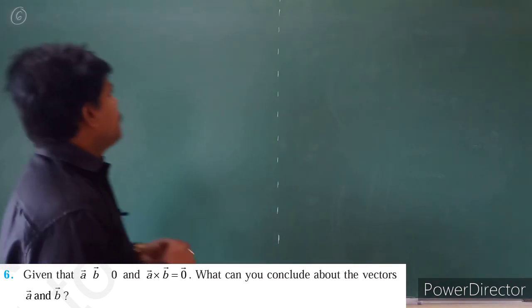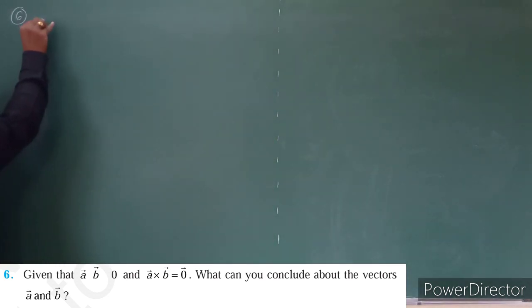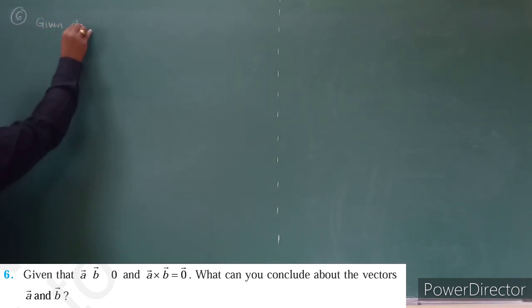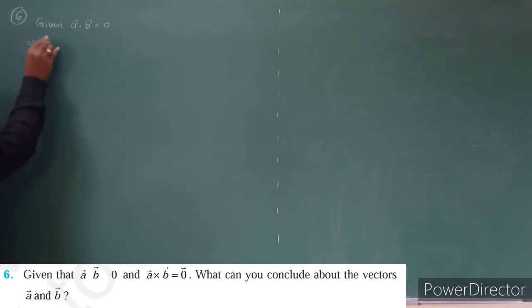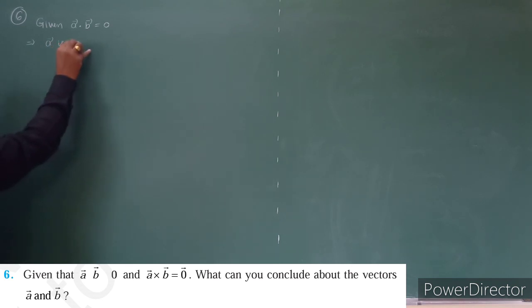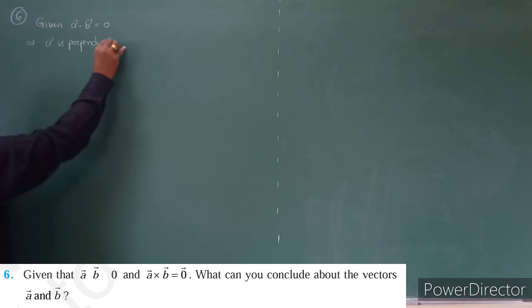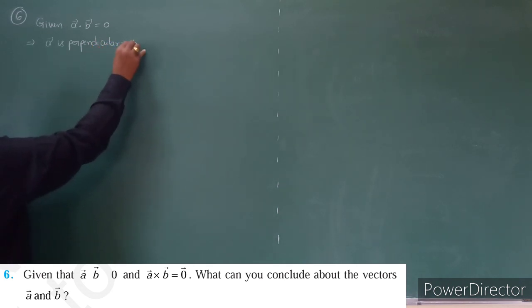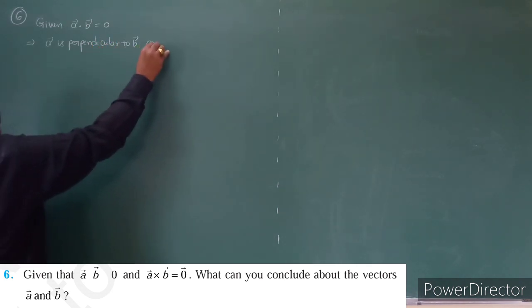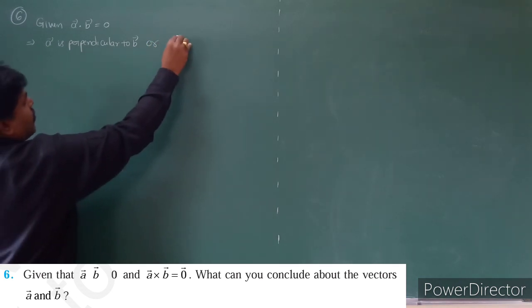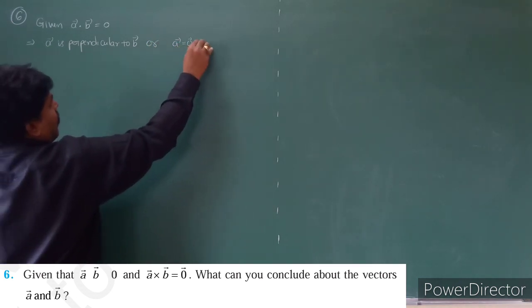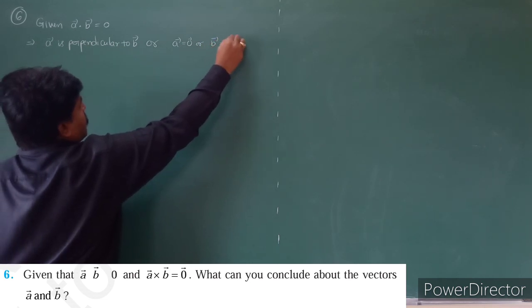See the first condition that is given: A bar dot B bar is equal to 0. A bar dot B bar equal to 0 means A bar is perpendicular to B bar, or A bar is equal to 0 or B bar is equal to 0.